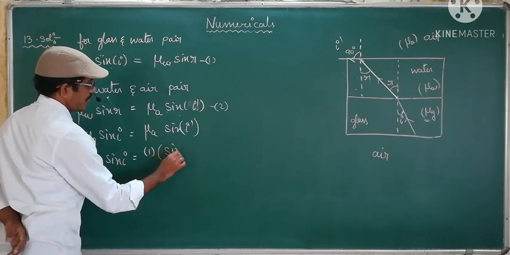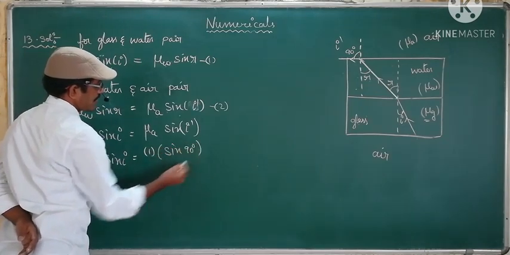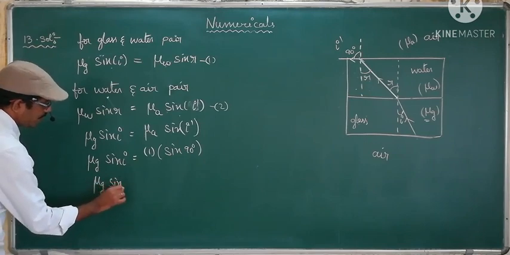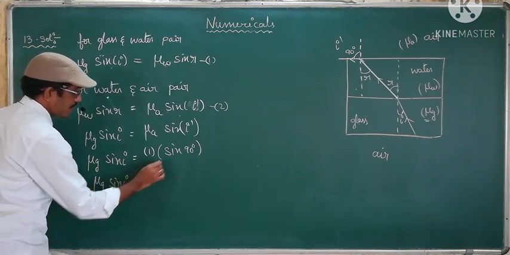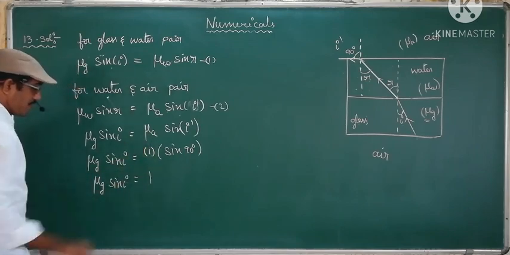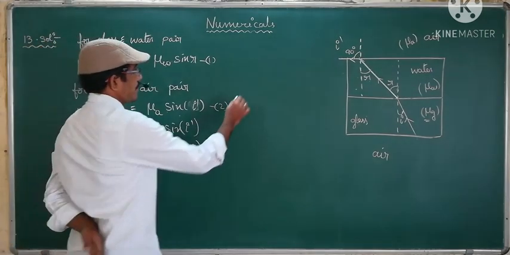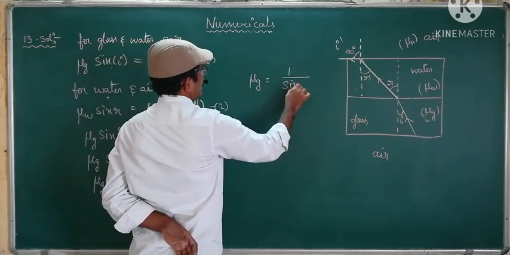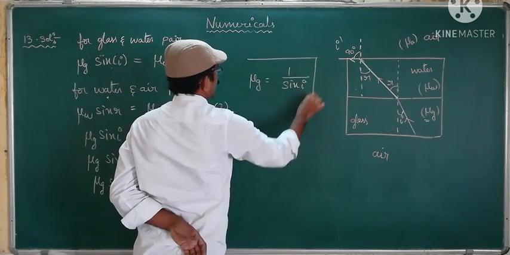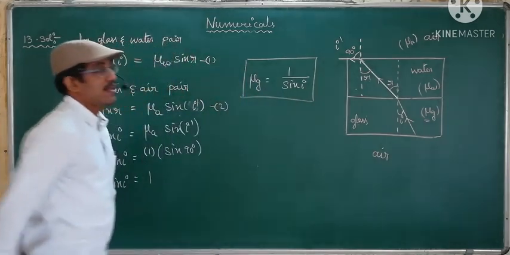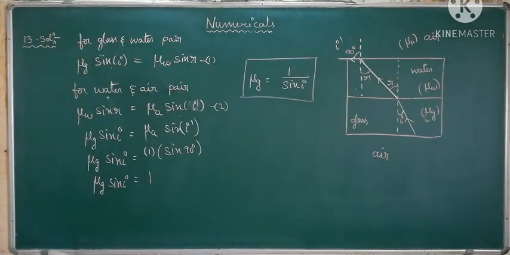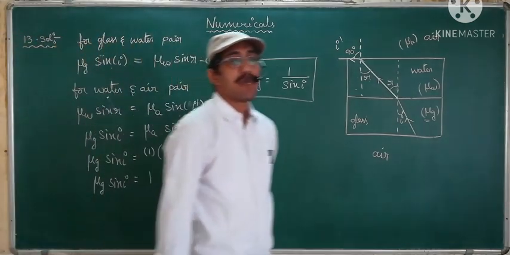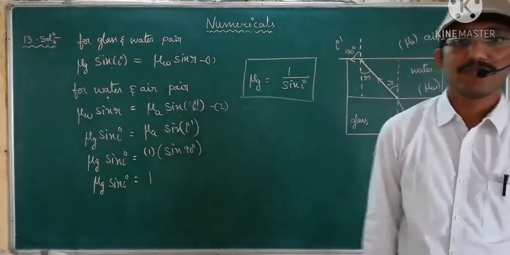Here i dash is equal to 90 degrees, so sine of 90 degrees is 1. So mu g into sine i is equal to 1. So mu g is equal to 1 by sine i. This is the refractive index of glass when the emergent light ray is parallel to the surface of water.